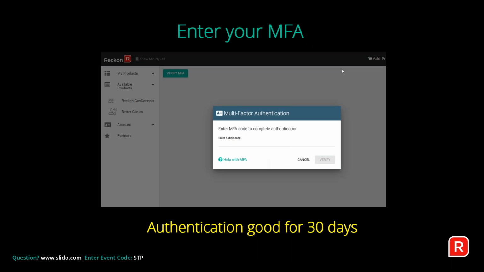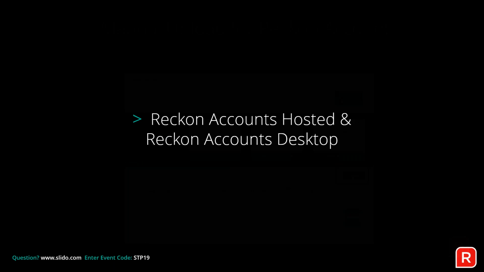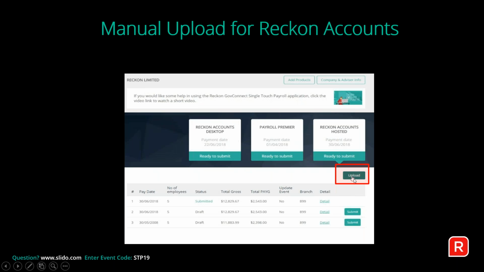When you launch GovConnect, it'll prompt you to enter in your MFA, and then you upload the file. With Reckon Accounts Desktop, you can upload the JSON file that you have saved on your PC.